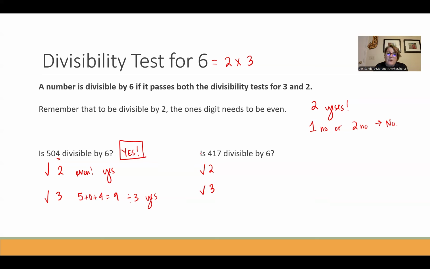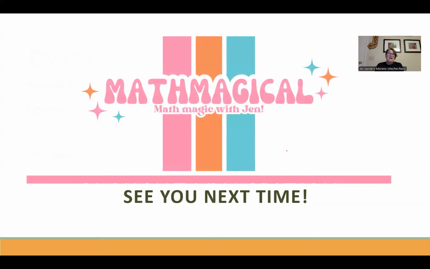Okay. 417, is that divisible by 6? That's a no. And guess what? As soon as you get 1 no, you're done. You don't have to even go check the other one. Okay? I don't care if it passes the 3 or fails the 3. If I get a no, it's no. So that's kind of nice. What's also nice is we're done. Okay, so try it out, see what you think. The divisibility test for 3 and 9, and then also 6.